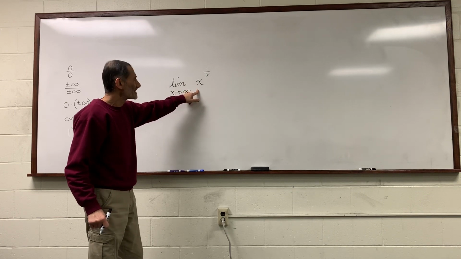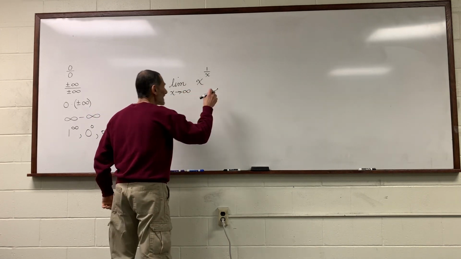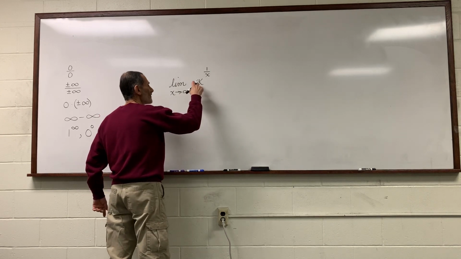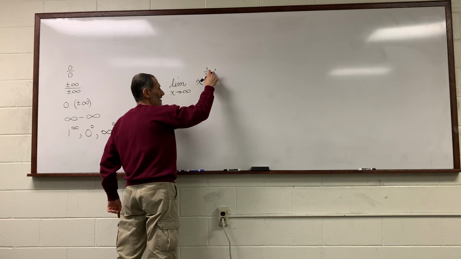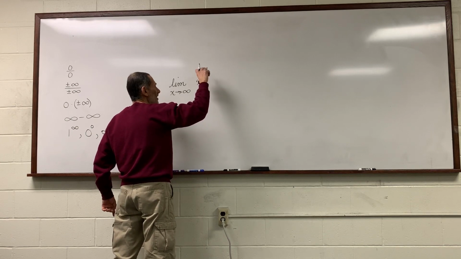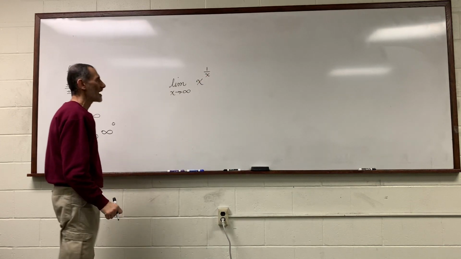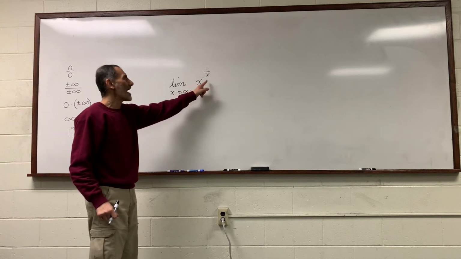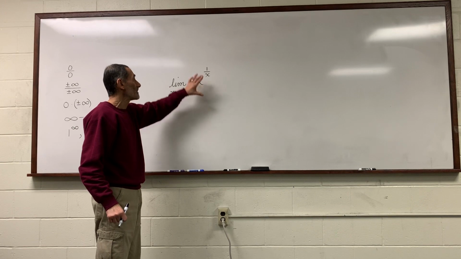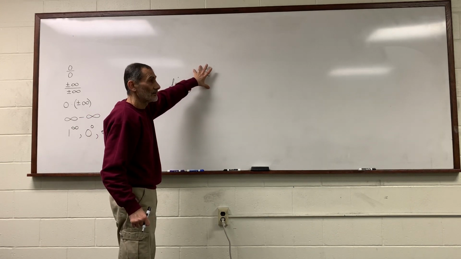You'll remember at the time, we said we cannot directly differentiate a variable expression raised to an exponent that is also a variable expression. We have to take the log of it and then do the derivative that way. Well, the same thing applies to this limit. Right? We can't find that limit directly, but we can find the limit of the log of this.